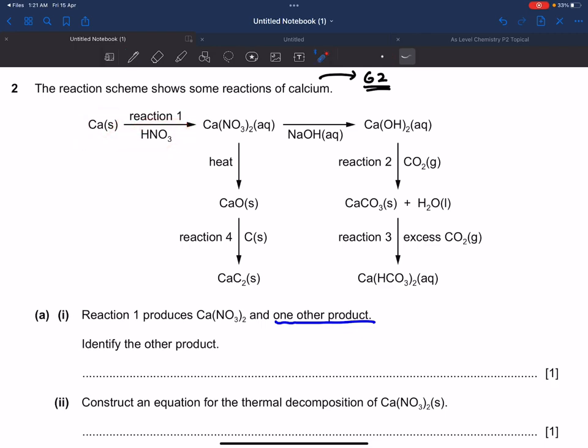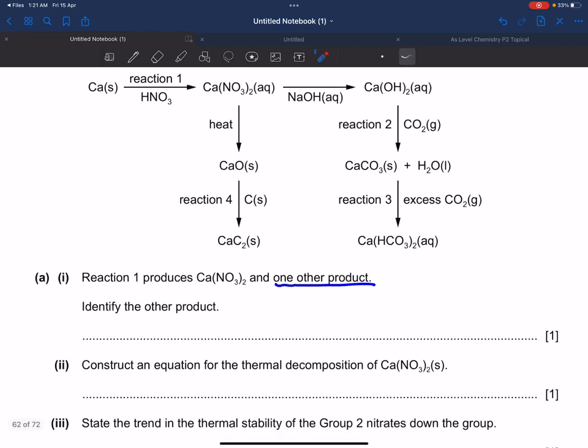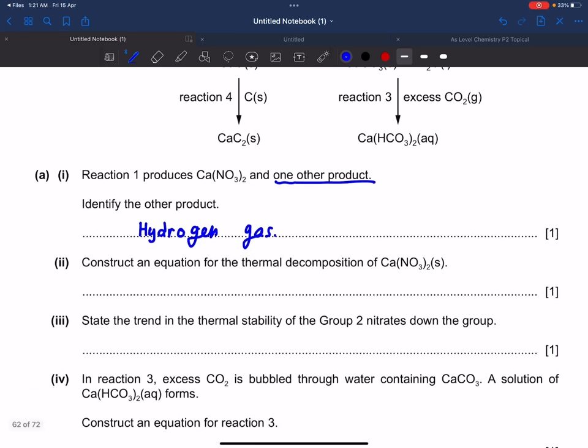Whenever we add HNO3, it is nitric acid, and it is an acid. Whenever an acid reacts with a metal on its own, we get a salt and hydrogen gas is produced. Just write H2 or hydrogen gas, it's your choice. That's it.